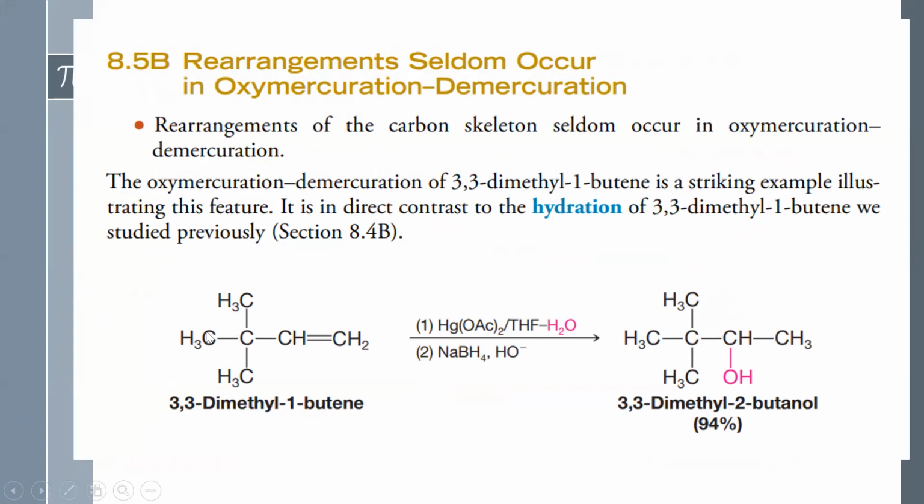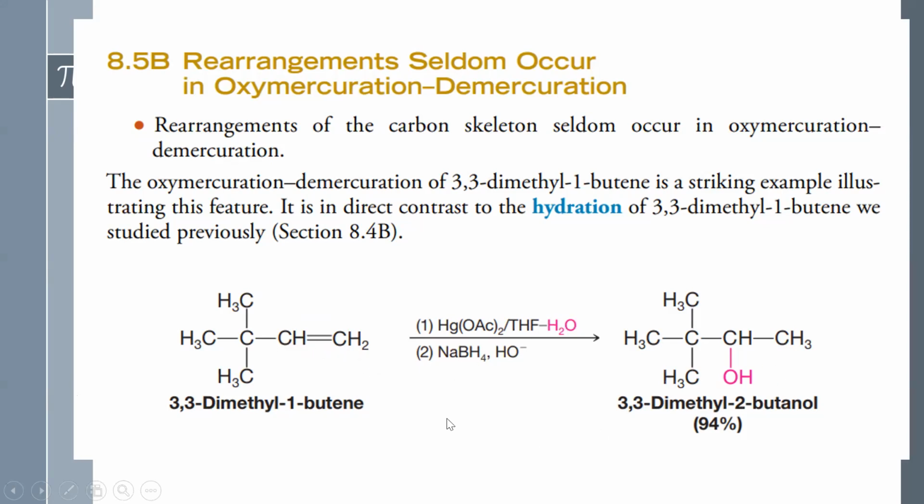Unlike what we have seen so far with HX, hydrogen halide and water, where there is possibility of rearrangement when we form a carbocation, in this case we don't see rearrangement. Whatever you get, you always follow the same sequence. For example, here you have CH double bond CH2. Once you follow Markovnikov's rule, you add your hydrogen and OH from water.